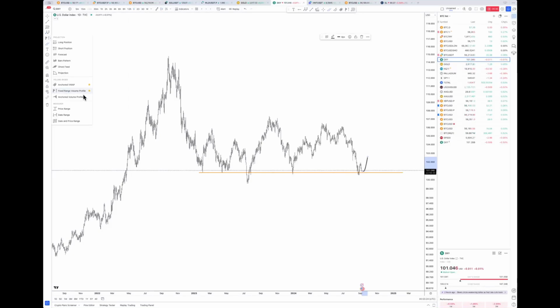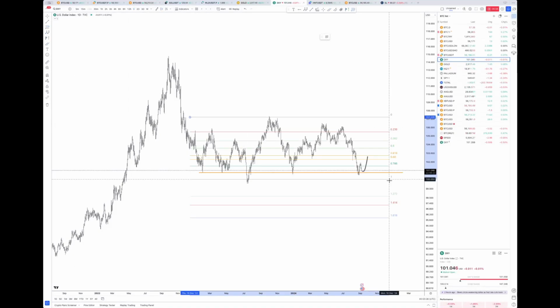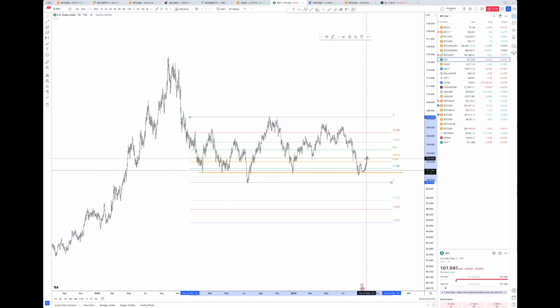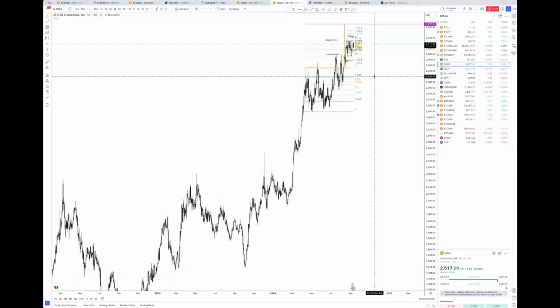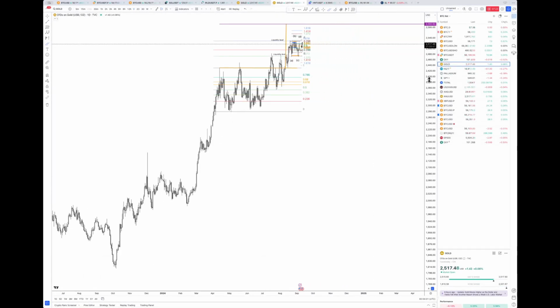Can we do a volume profile on the US dollar? I don't think we can. So this is where we're going to get the golden ratio as resistance and probably drop down. Otherwise, we're going to still range. There's that possibility that it just stays there. It's the last phase and then drops in there. So if that's the case, then gold is likely to keep going up as well.